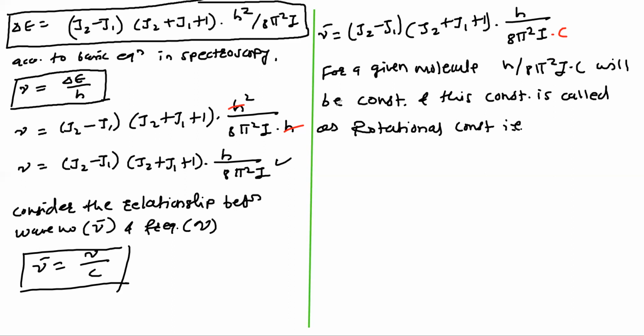The rotational constant is denoted as capital B0.